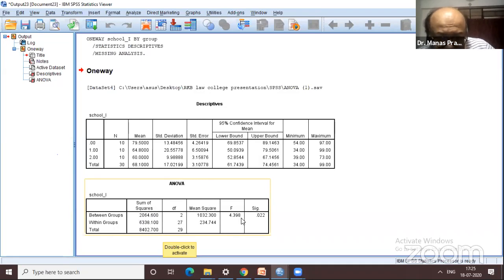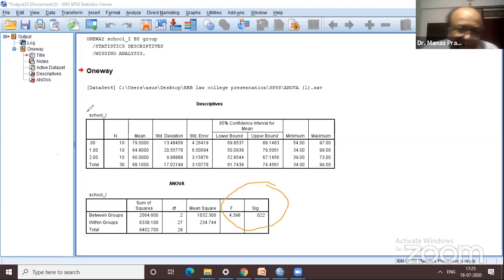Actually, to understand this we need some theoretical class. Now we are doing it in SPSS, so I need only these two. So you see in this table, the mean score of the first school is 79.